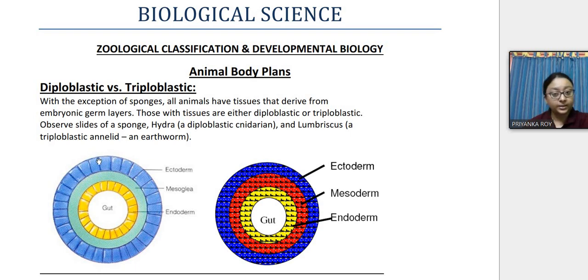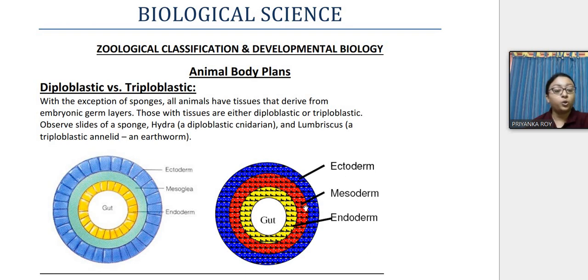Like here, if you can see, there is an ectoderm, then in between there is a mesoglea, which is not a true mesoderm but a mesoderm-like layer. And then it is the endoderm. So this kind of arrangement can be called diploblastic since it lacks a true mesoderm. So this is the difference between diploblastic and triploblastic.